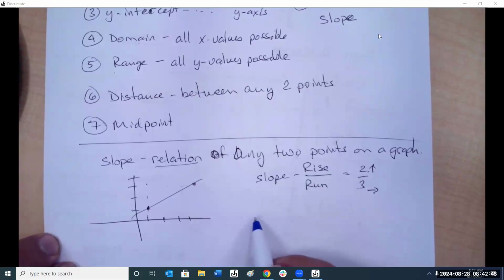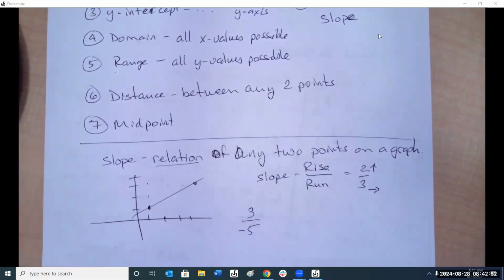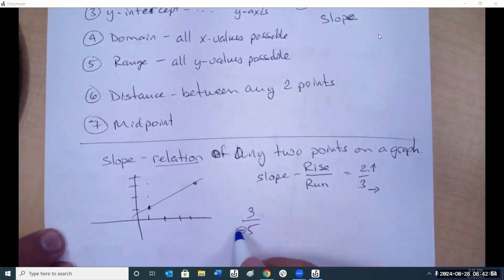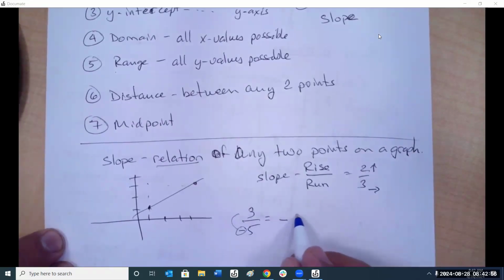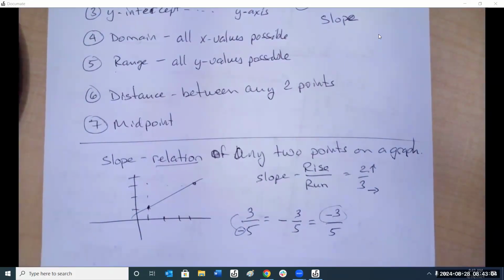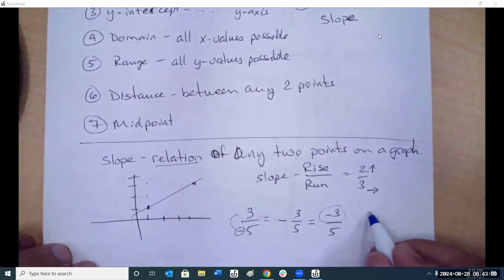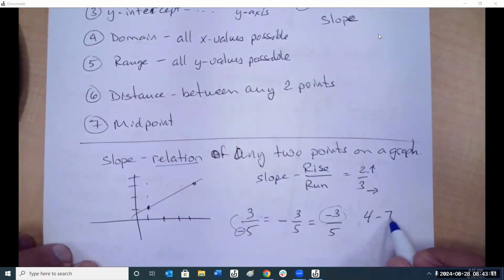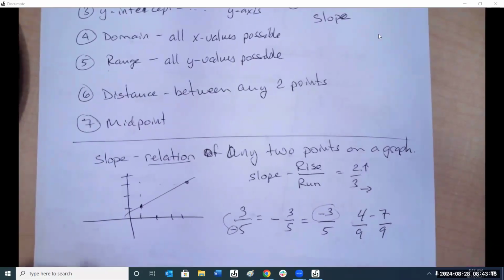In mathematics, if you have a number like this, either move that negative out in front of the whole thing, or it goes with the top. It always goes to the top, because if we're doing addition, subtraction of fractions, you never subtract the denominators. For example, if we had 4 minus 7, how would you do that?